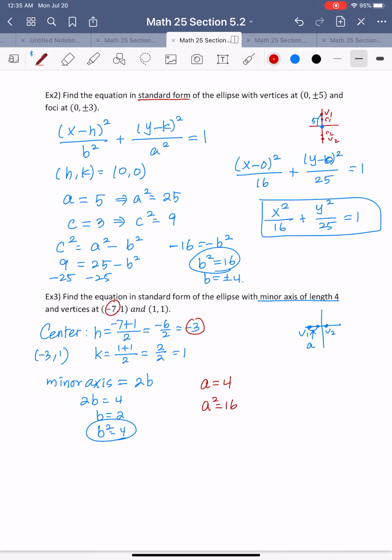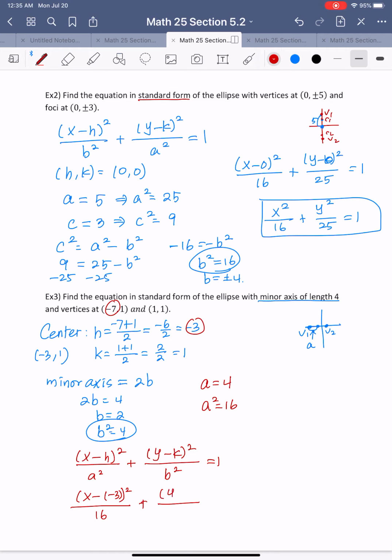I think we're ready to write down the formula, right? So x minus h squared over, this time it is a squared, and then y minus k squared over b squared equal to 1. So x minus h is negative 3, squared over a squared 16.